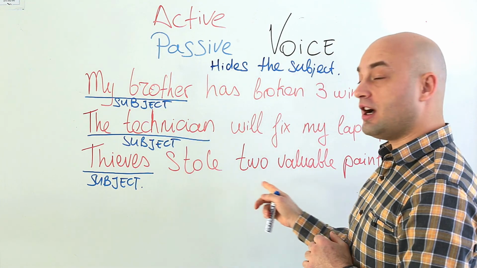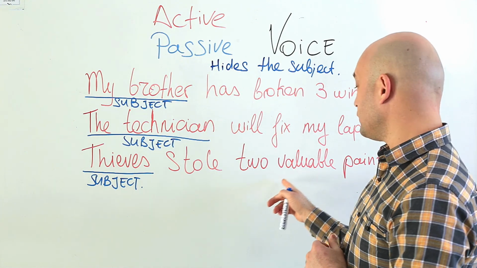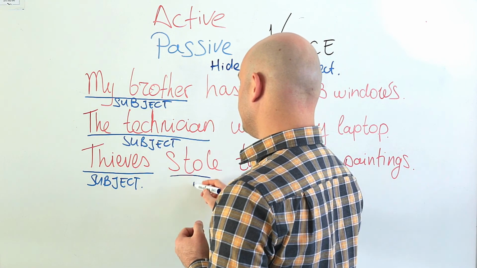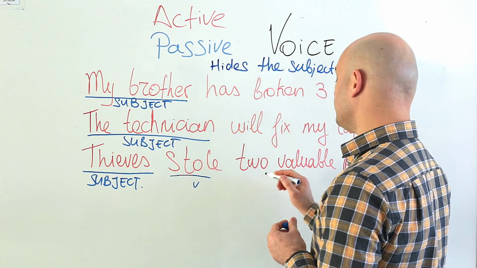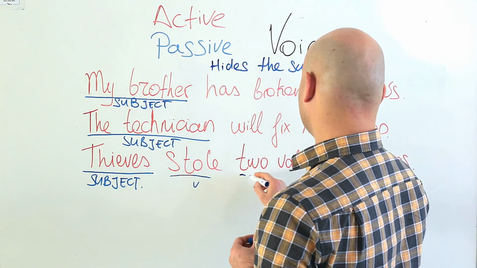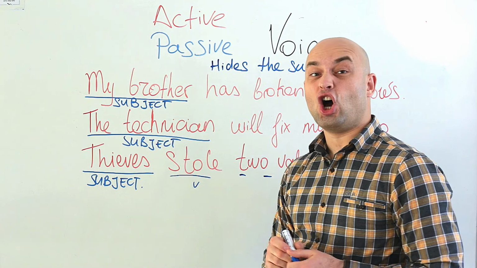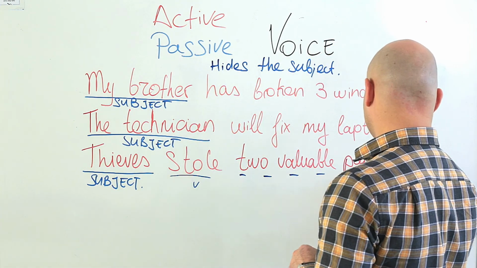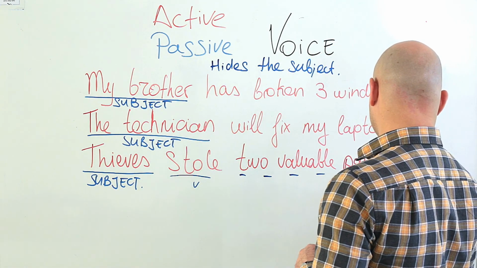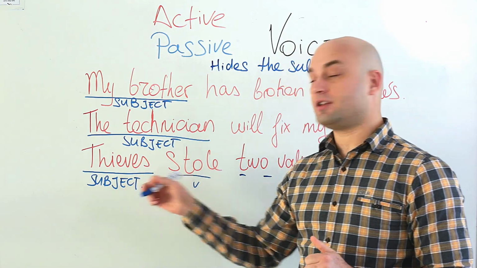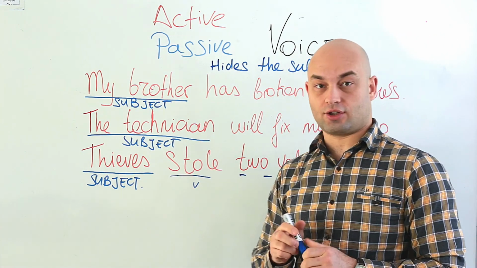So let's start with the last one, okay? Because we've got this verb, and we've got two valuable paintings. It's the object. Thieves are the subject, the one who does the action.